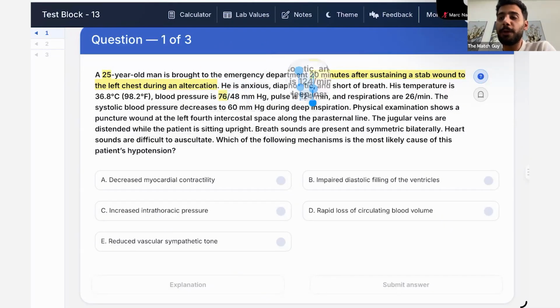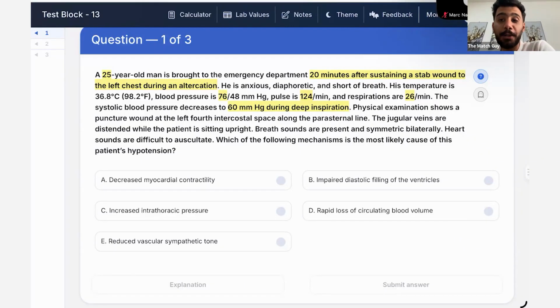Pulse is 124. Usually pulse is elevated in shock because of the activation of the sympathetic nervous system. He is tachypneic as well. The systolic blood pressure decreases to 60 during deep inspiration. So this is what we also call pulsus paradoxus, where the blood pressure drops during inspiration. This is a characteristic feature of tamponade, but let's keep on reading.